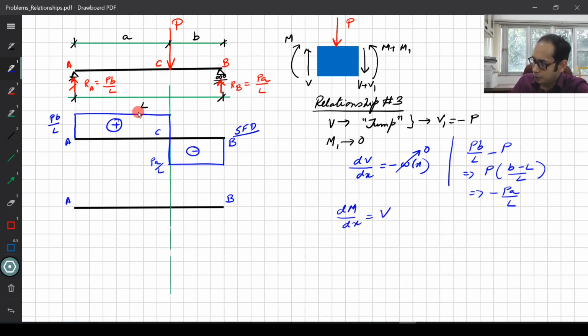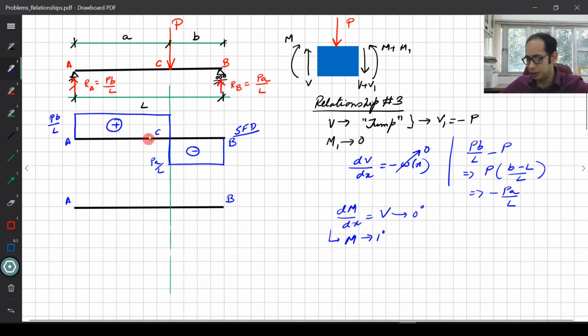So here your V is a constant, so that tells you your moment must be a first degree, right? And what is going to be the slope of that? The slope of that, whether it's positive or negative, will be the value of the shear at this particular point. So it is PB divided by L, and that stays constant. So you will have a constant linear line.